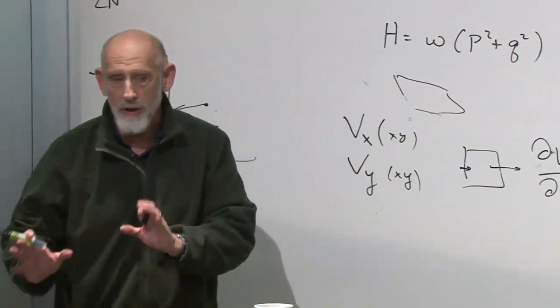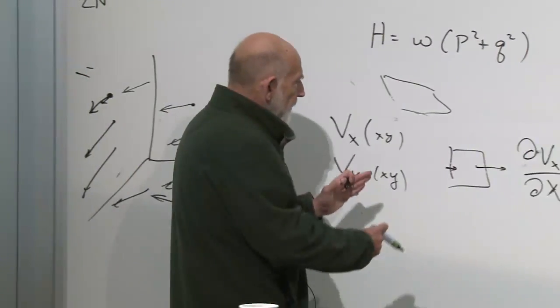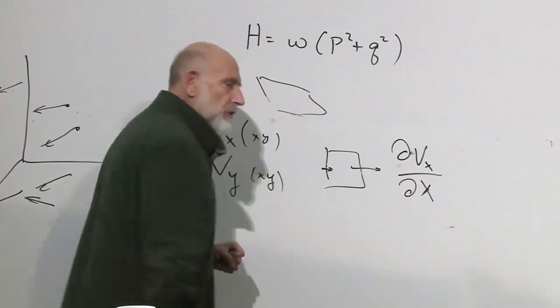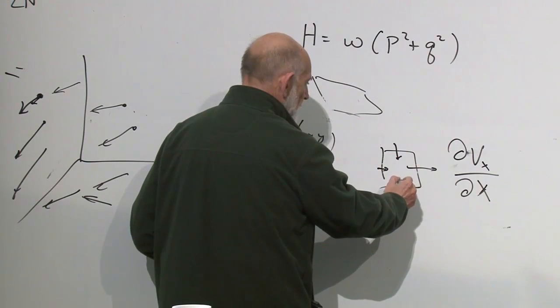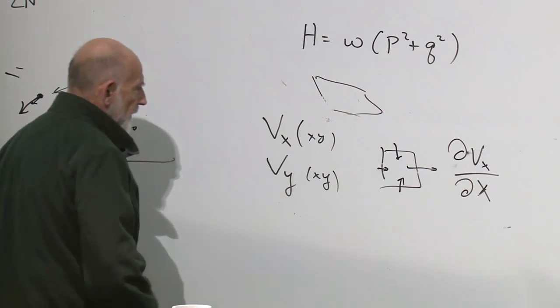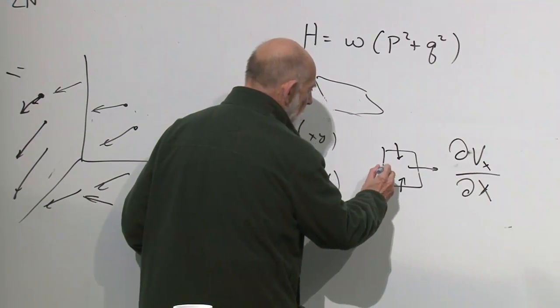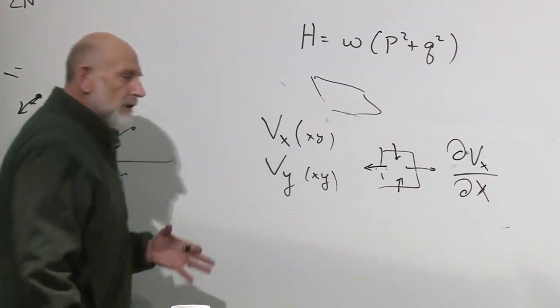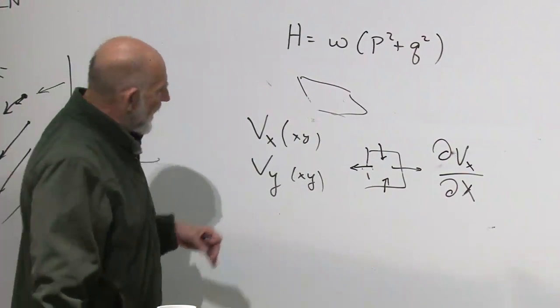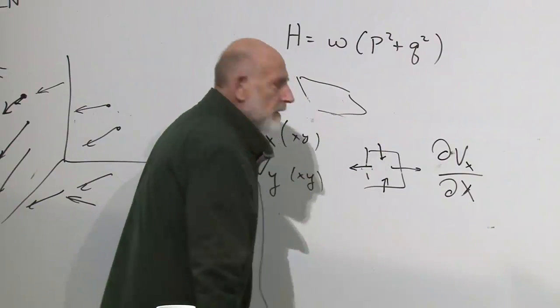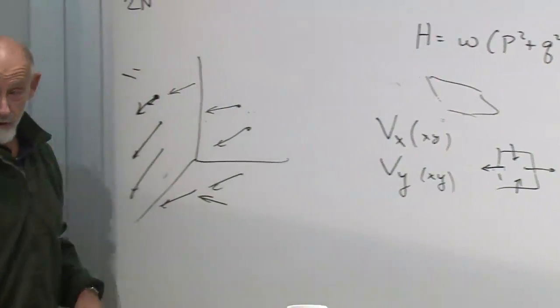But all we're interested in is following the volume. If the fluid is stretching in that direction, that's okay, as long as it's compressing in the other direction. If it's stretching itself out in this direction, it can still maintain its volume and still not be compressed if it's being compressed in the other direction.